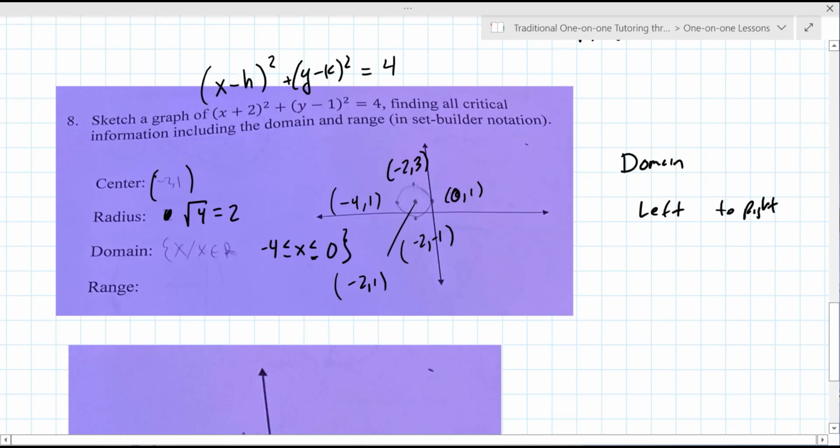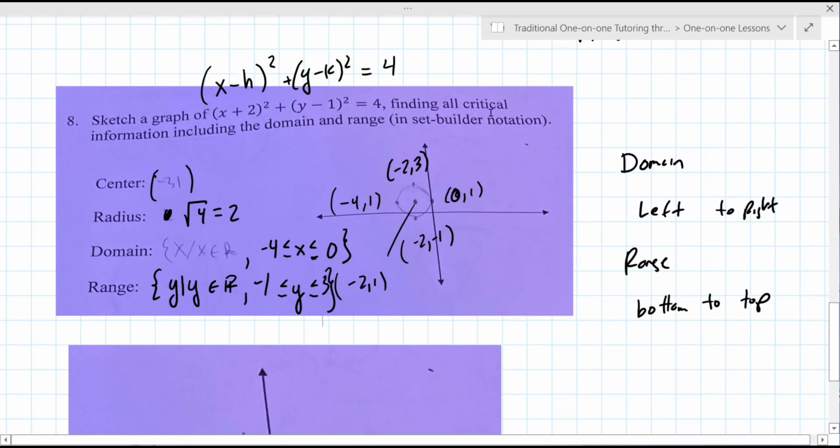Sorry, what's that sign called again? It's a compound inequality. For the range, it's now the bottom to the top, so you do the same thing with the y values. It's the smallest, minus 1, and then 3. There you have it.